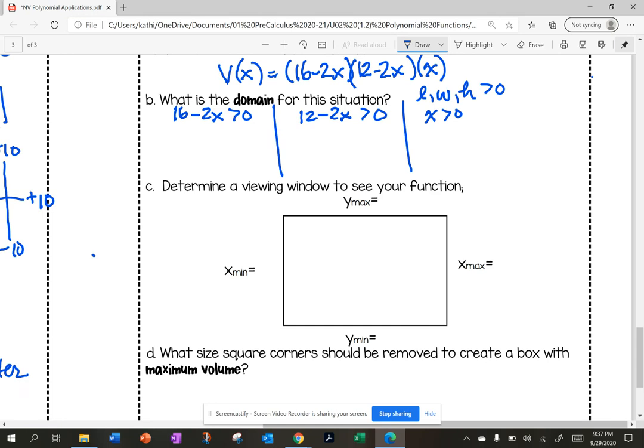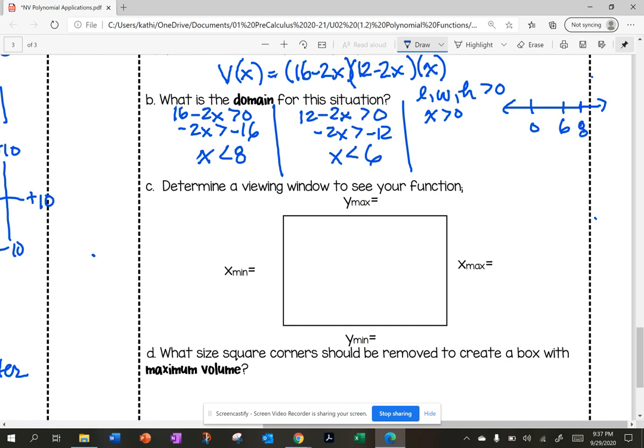So I'm going to solve for x. I'm going to subtract 16 from both sides. Negative 2x is greater than negative 16, and x is less than 8. Negative 2x is greater than negative 12, so x is less than 6. And then I already have the height. So just looking at these on a number line, I have 0, 6, and 8.